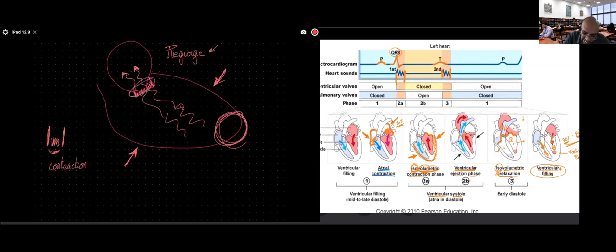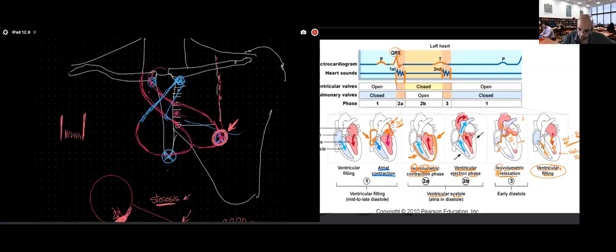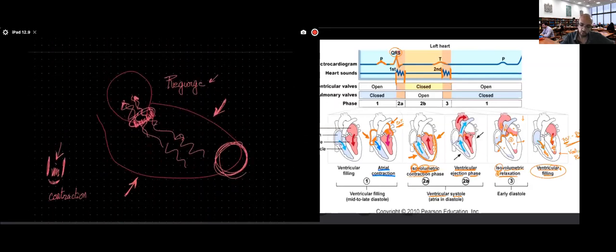So if the valve is leaking, it's not closing. So what's going to happen? The blood is going to be going up into my atrium, and thus is going to cause turbulence. So it can create this murmur. So when I hear lub, sh, dub at the apex, this tells me it's a mitral regurg.